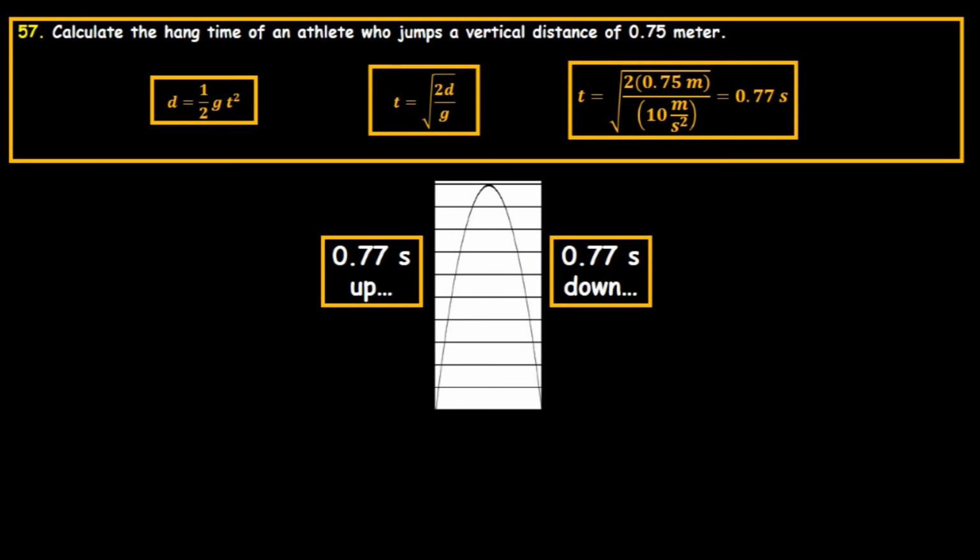So if you plugged in, 2 times the square root of 2 times 0.7 meters divided by 10 meters per second squared, according to the equation, is 0.77 seconds, so you'd fall 0.77 seconds. So if you're going up 0.77 seconds and then down 0.77 seconds, what is going to be the actual hang time?